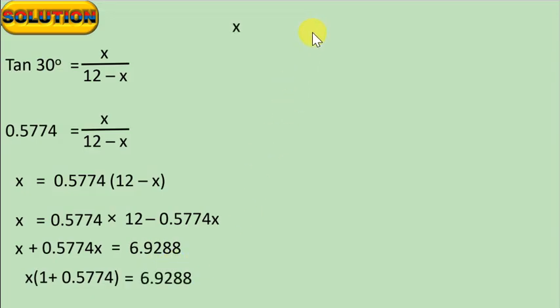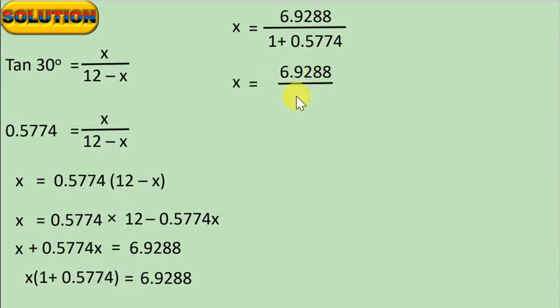Then we now make x the subject. We have 6.9288 divided by that. Then simplifying further, that will give me the numerator divided by the sum of the denominator. Now use your calculator. Divide 6.9288 by 1.5774.